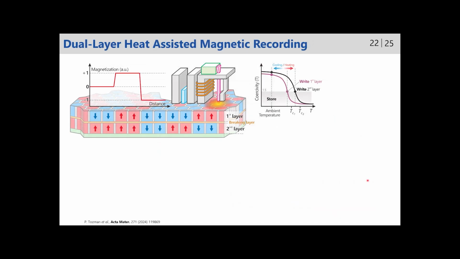And that's not all. For iron platinum, we can also consider some more complicated recording scenario. For example, dual layer media to increase the density further. So if we can realize one layer of iron platinum grains and the second one, and if they are isolated from each other, for example, with non-magnetic layer, we can try to realize independent configurations.